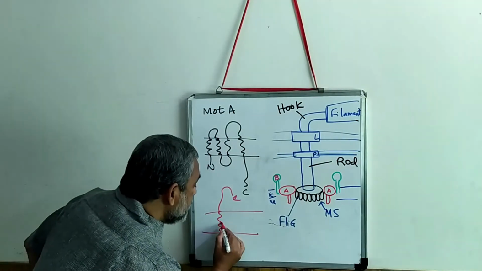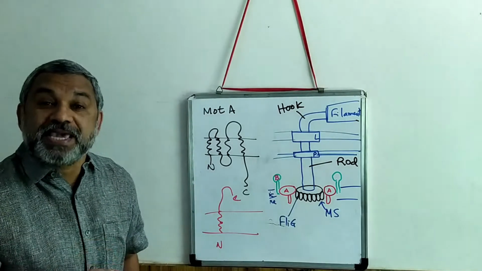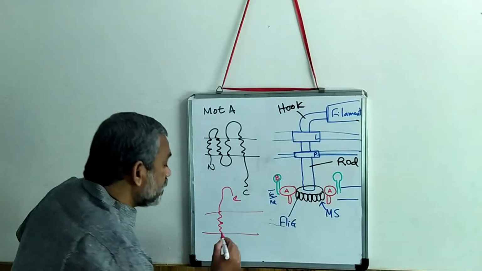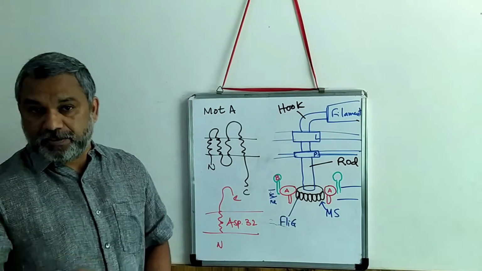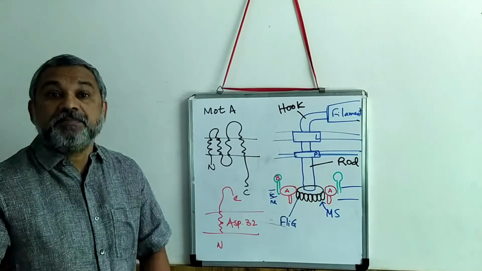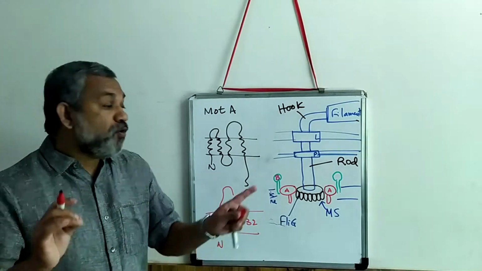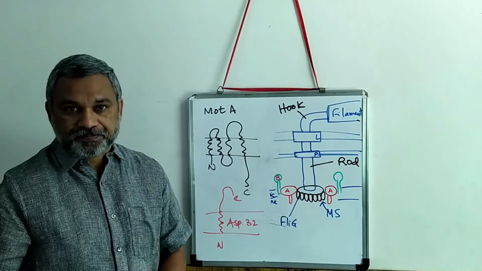Very important in the case of MOT-B is that it has an aspartic acid located at the 32nd position. That is very important for motility, for the motor to function.